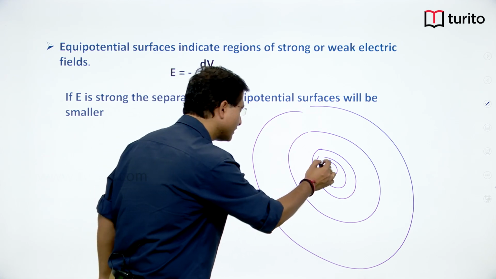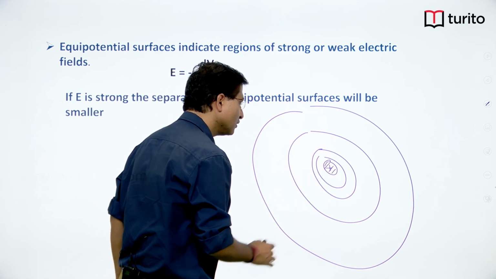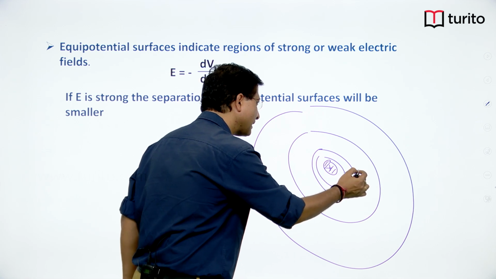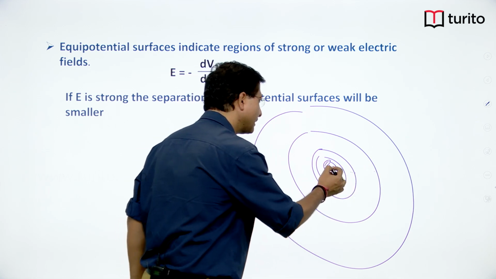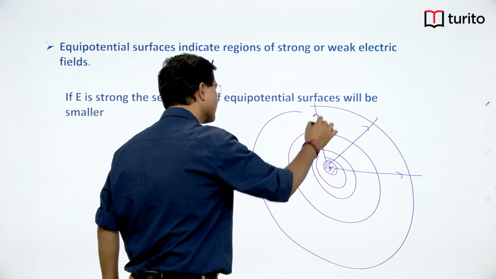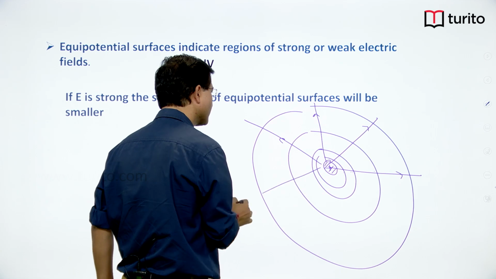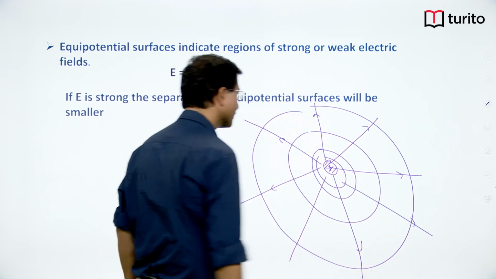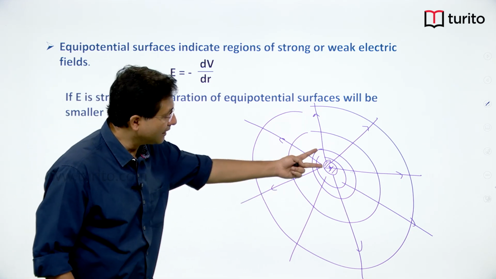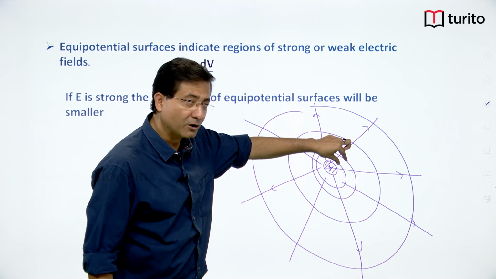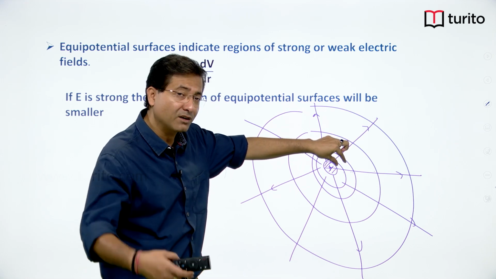So, when we are near the charge, you can see these equipotential surfaces' gap is less as compared to this gap, because here field lines are strong.